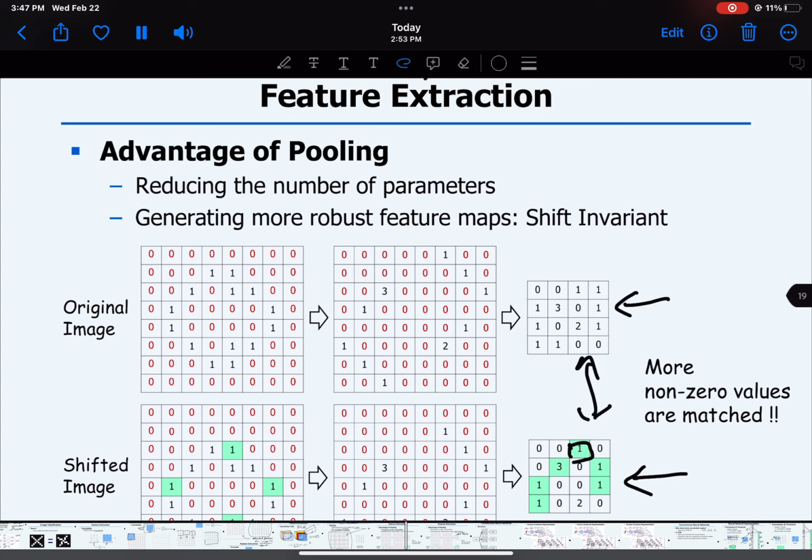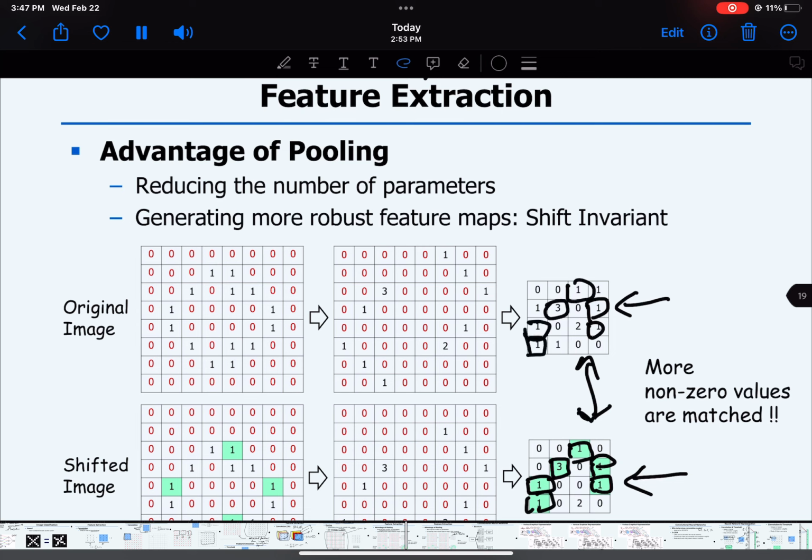So these green highlighted ones are common between the two feature maps that are obtained, one with the shifted image and one with the original image. And now more non-zero values will be matched between the two versions.